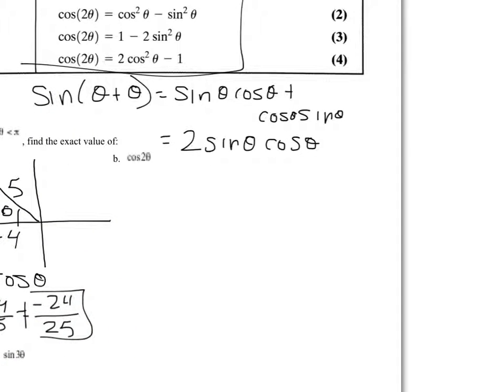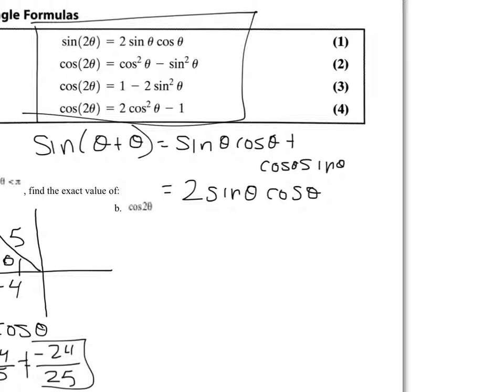If we wanted to do cosine of 2 theta, we have multiple formulas that we could use for this. Cosine of 2 theta has a couple. We have cosine squared minus sine squared, we have 1 minus 2 sine squared, and we have 2 cosine squared minus 1. I would suggest using the one that you have the most information with, so I'm going to use this formula right here.